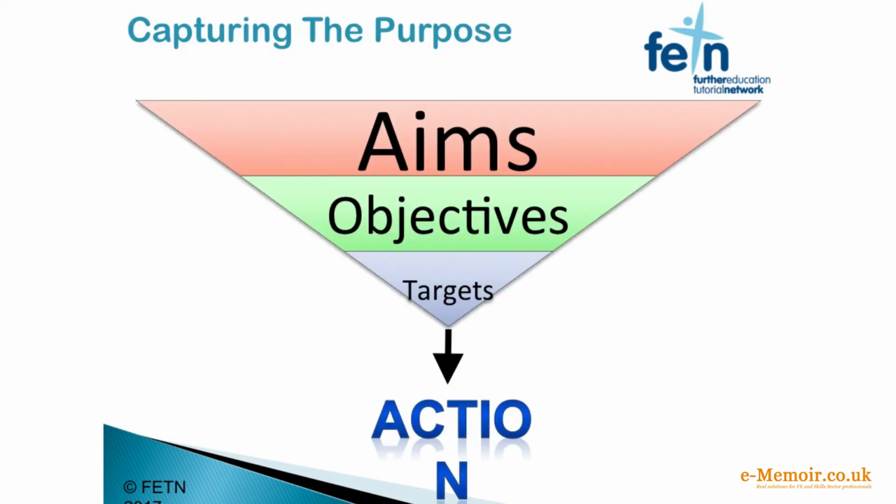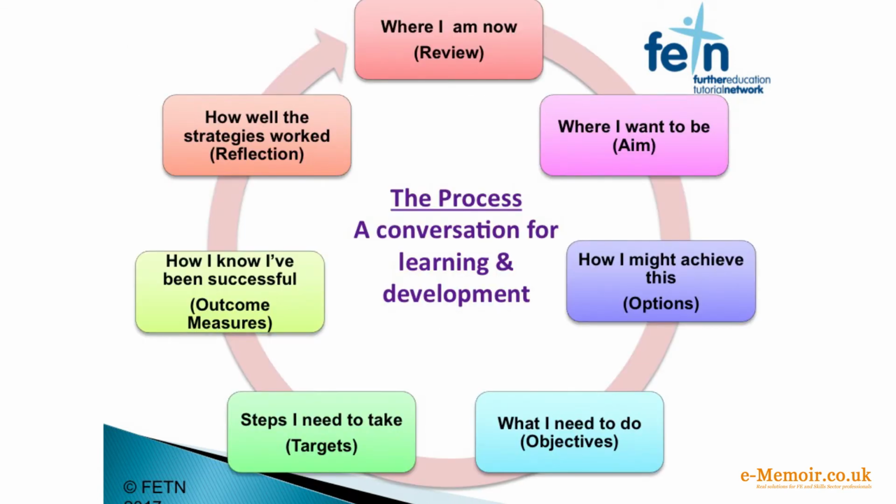I've talked a lot about learning conversation because this really is the heart of it. With a positive learning conversation, you can start to draw out these targets as you're discussing. So this is the process essentially that a one-to-one review would look like. So it's where am I now, where I want to be, and you can see how the aims, the options and the objectives and then the targets are feeding into all of this.